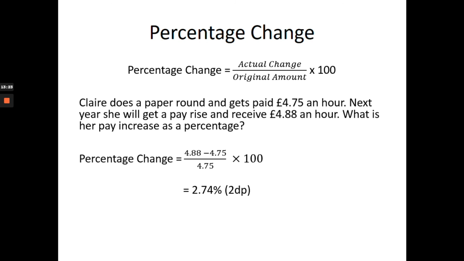So 0.13 divided by 4.75 times by 100. The difference between the two numbers divided by the original amount times by 100. That means that Claire will get a 2.74% pay rise.